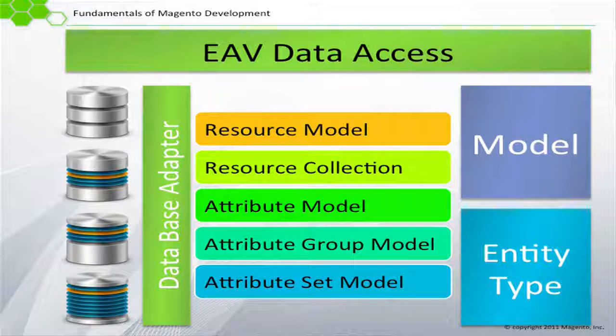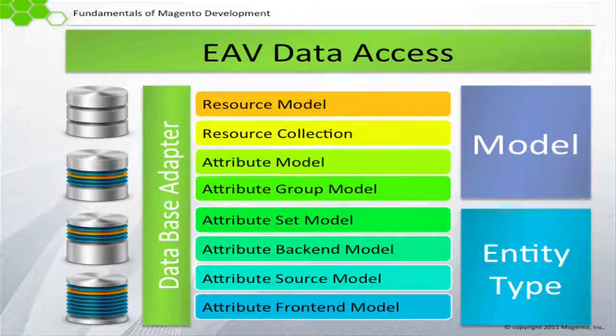What does that look like? Resource model, resource collection, and then we have the attribute model and the attribute groups and the attribute sets. That's what we're looking at an example of in the managed sets.